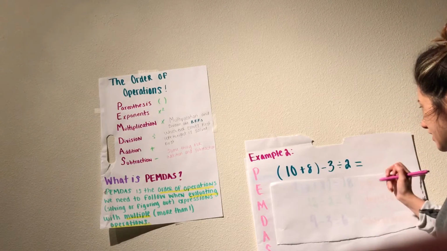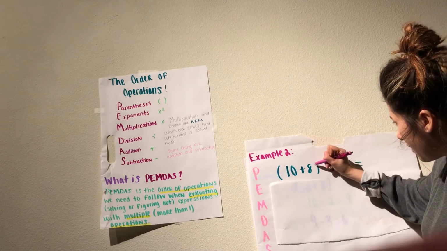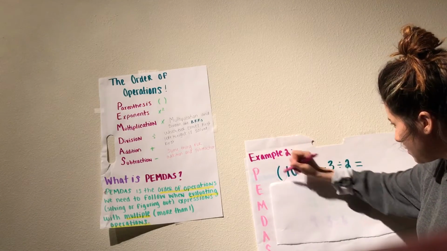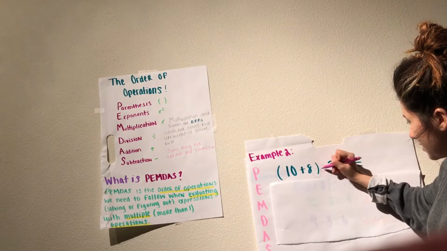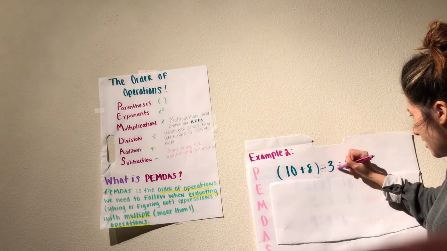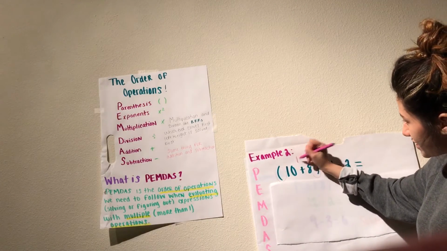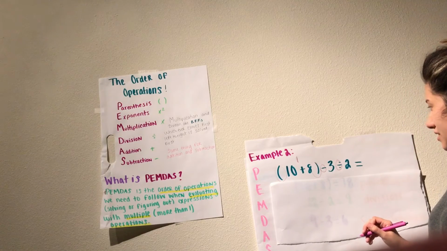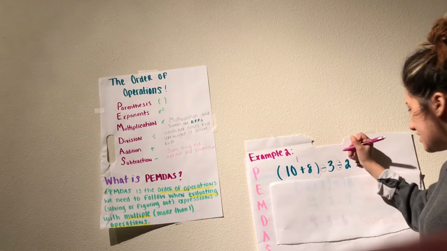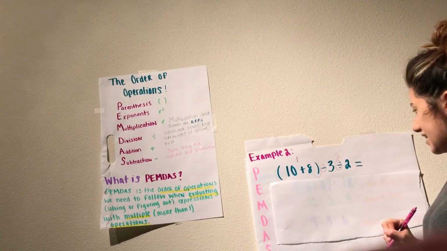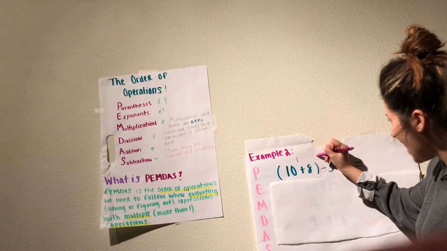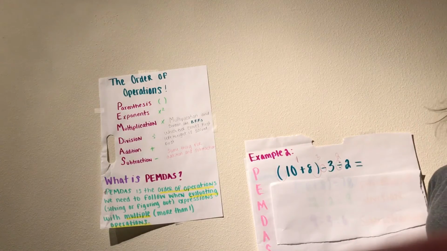Now in this one, in the label, we have our parentheses, our subtraction sign, and our division. So in this one, our parentheses is going to go first, then our division is going to go second, and then lastly, subtraction is going to go third.